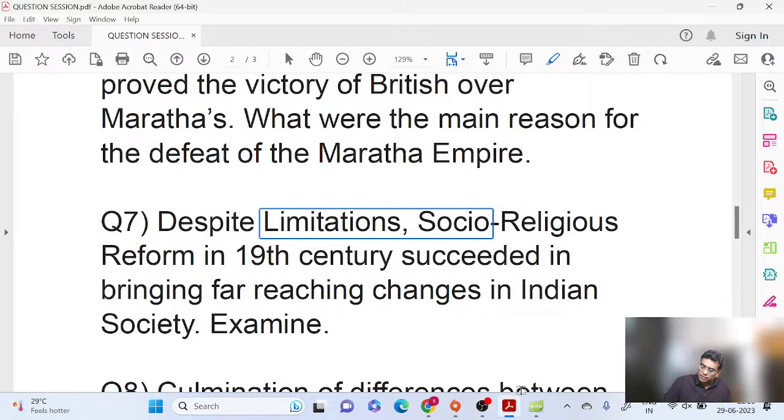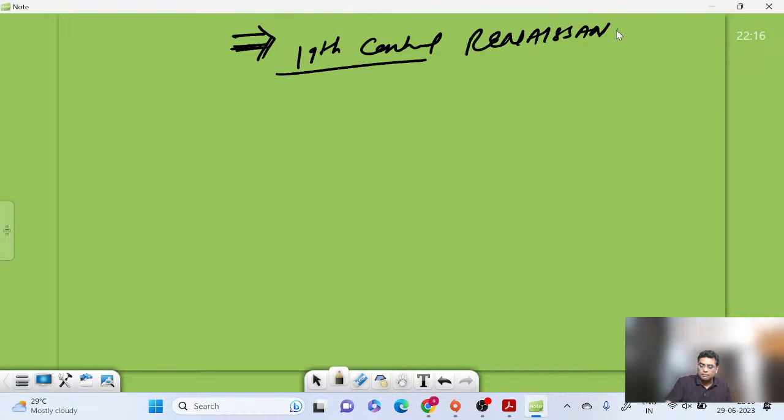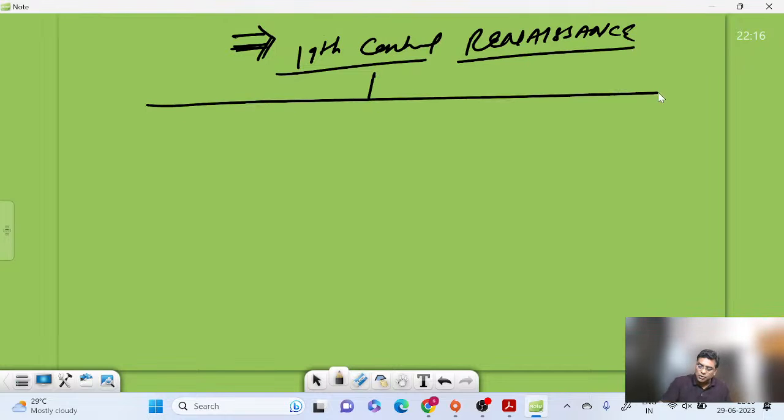Whenever you talk about the 19th century Renaissance, there are three major trends. One is Reformation.